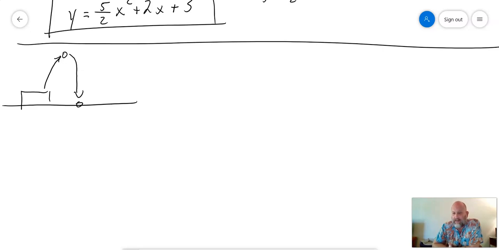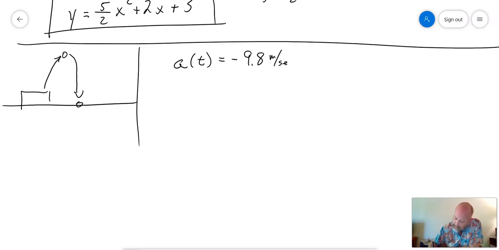Once that thing leaves your hand or whatever you're launching it with, it's completely subject to gravity, which means the only acceleration it's feeling is the acceleration due to gravity. Since we already know that gravity accelerates at negative 9.8 meters per second squared, my acceleration function is equal to negative 9.8 meters per second squared.